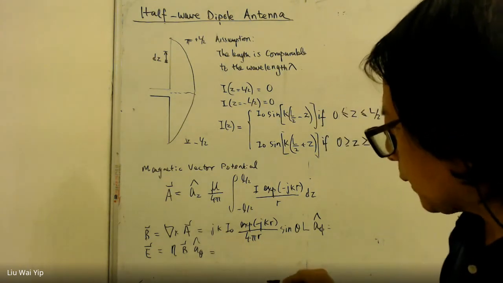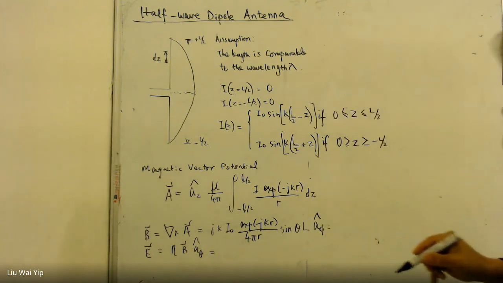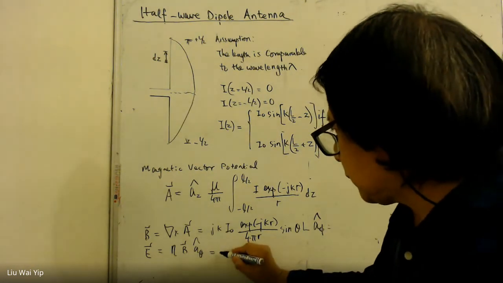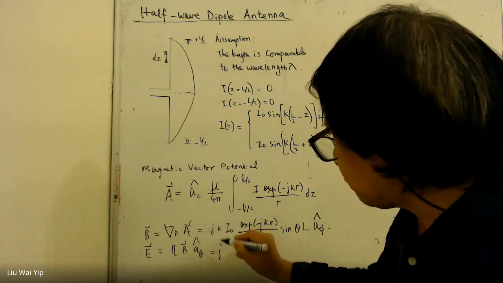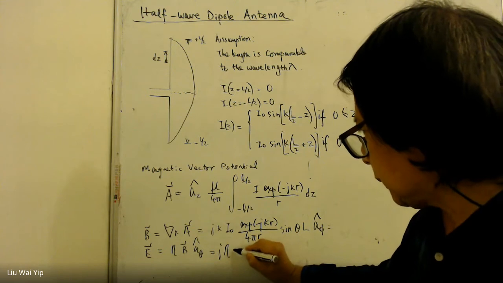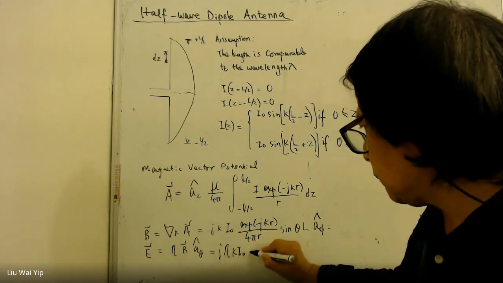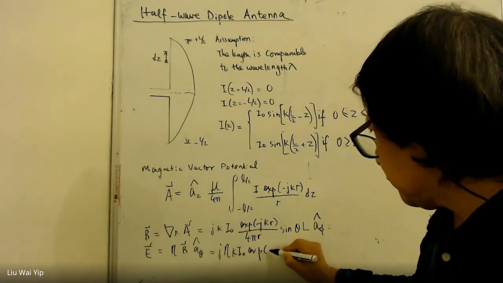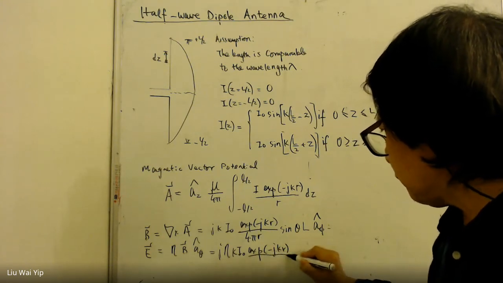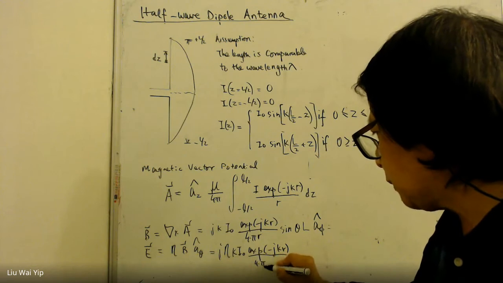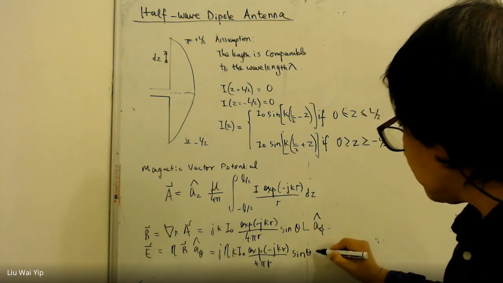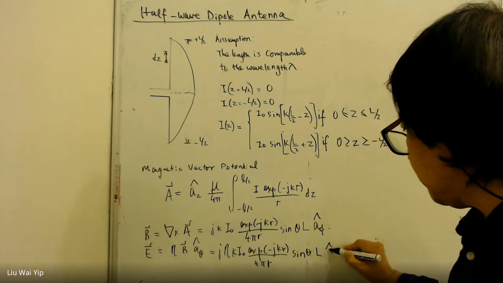So according to here, it is j, and then we just put theta here, k I naught. So this is what we have got from the last lectures.